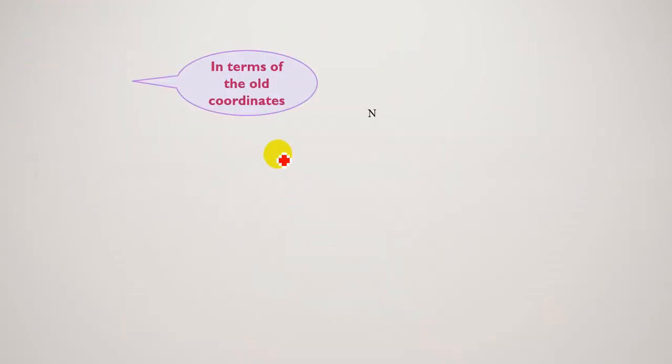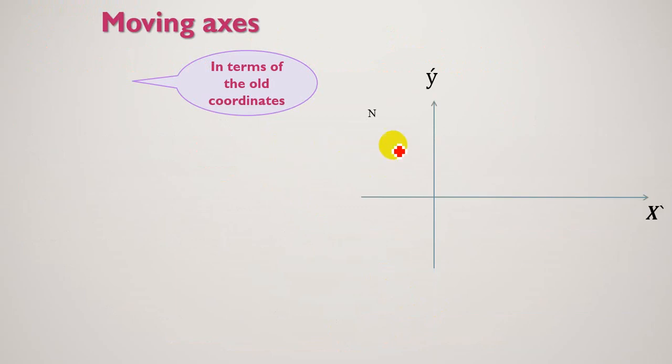Finally, if we have a moving axis, what does it mean, moving axis? Suppose I have a new axis y dash and x dash, and I have my curve for the parabola.